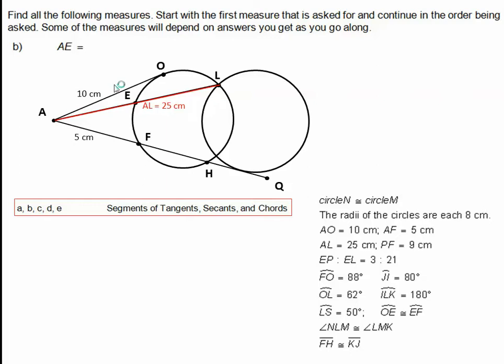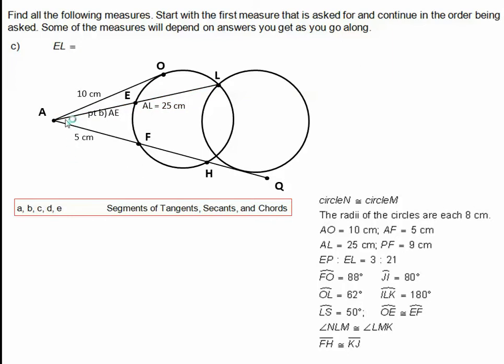Or you can use segment AO to help you find AE. But it's still in that same information, segments of tangents, secants, and chords. Now, you can go through and you can watch this video and pause it, and that way it can help you with the test to know how to do the calculations.